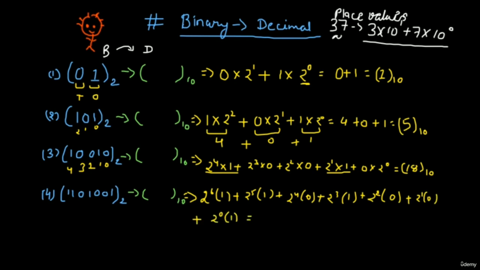Now on calculating we get 64, 32. This is going to be 64, this is going to be 32, zeros, and this is going to be 8 and this is going to be 1.